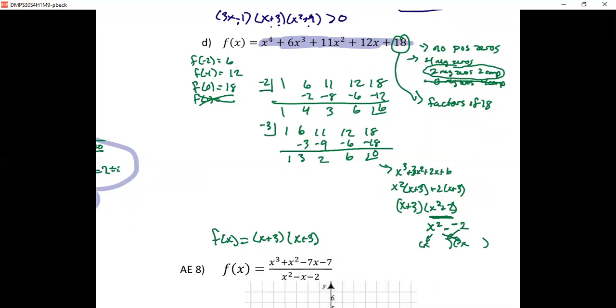The square root of -2 means we're going complex. So the square root of -2 is i times the square root of 2. So that would be x plus i root 2 and x minus i root 2. So those are the remaining factors, x plus i root 2 and x minus i root 2. There's our product of linear factors.